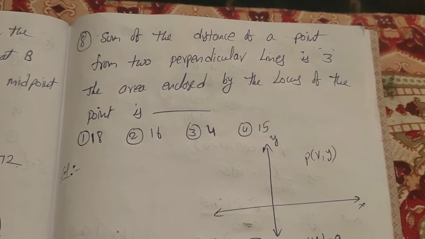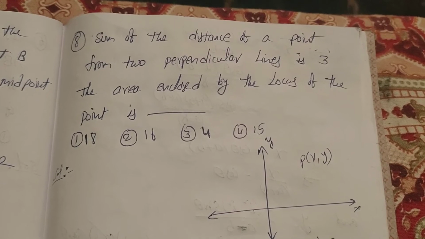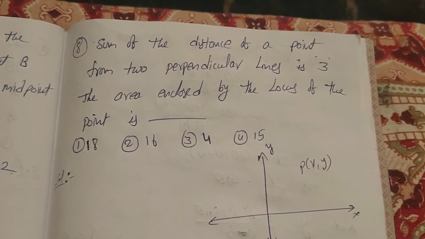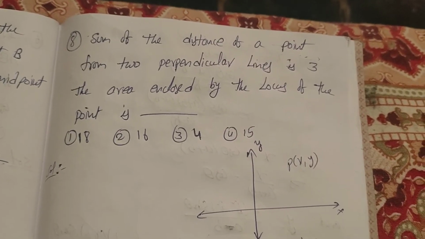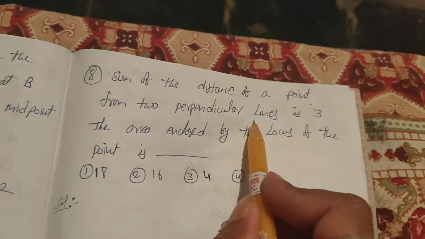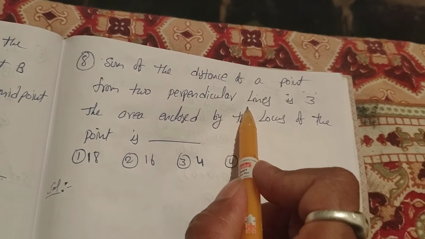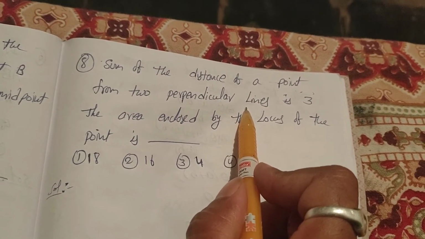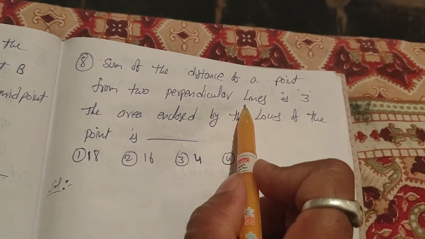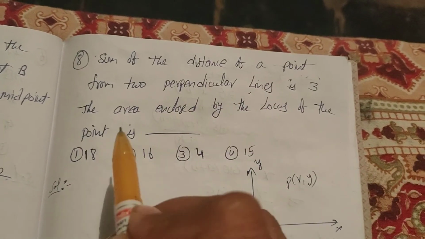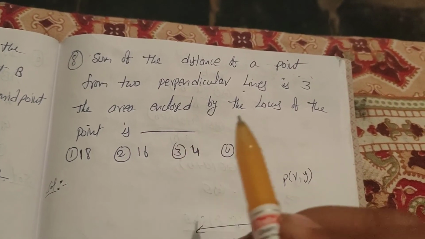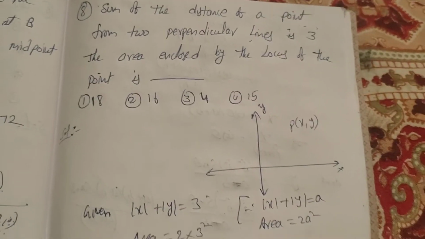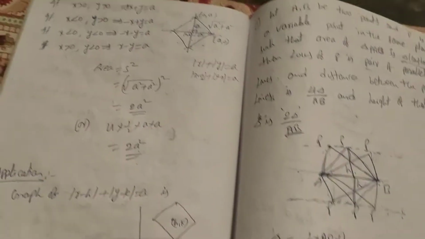The sum of the distances of a point P(x, y) from two perpendicular lines, meaning the coordinate axes. If the sum of the distances of a point from the coordinate axes is a units, then the locus of that point is a square and the area of that square is 2a squared.